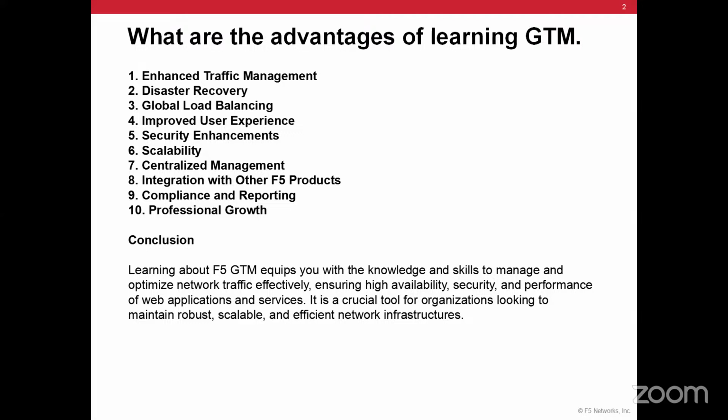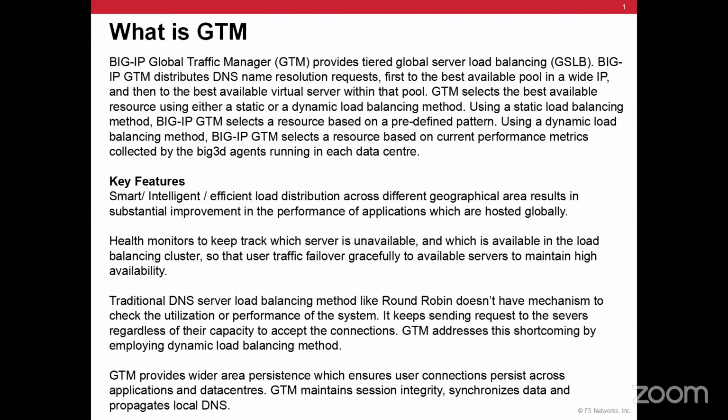Can you go to the previous slide once? Here you mentioned traditional DNS server load balancing, round robin does not have a mechanism to check the utilization and performance. So what does it mean? Round robin is just distributing the traffic amongst the backend servers.